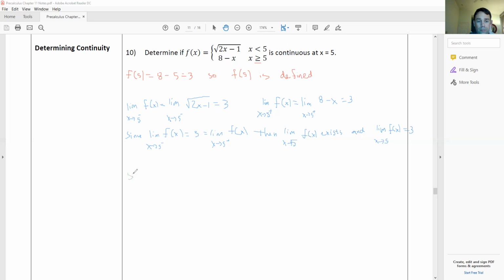So since f of 5 equals 3, which equals the limit value, then f of x is continuous at x equals 5.